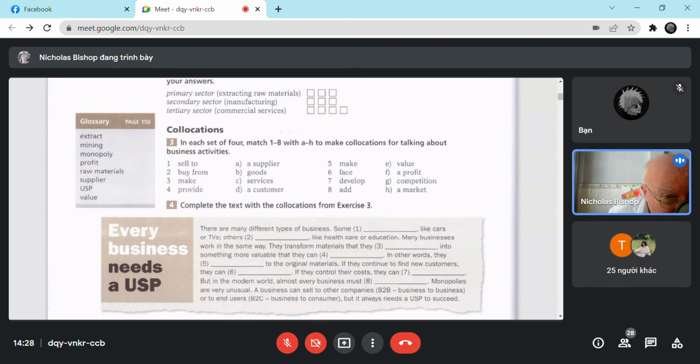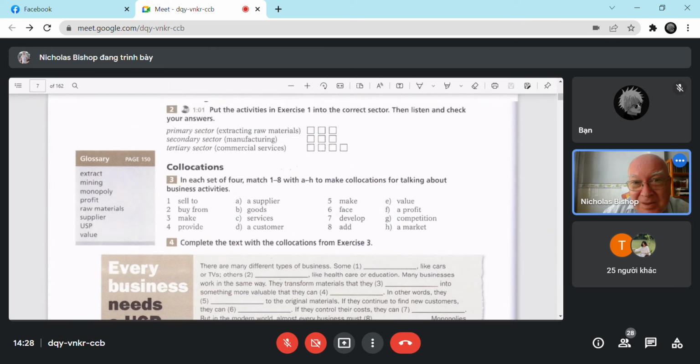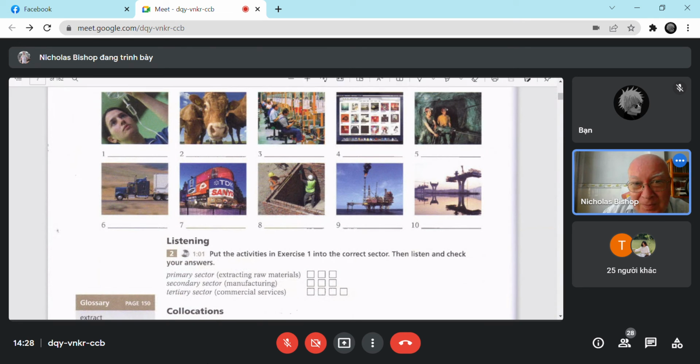In the primary sector, that means we get raw materials and we change them into some kind of product, or into something we can sell. In the secondary sector, we actually make things. What is the secondary sector? We make things in the factory or something, or construction or civil engineering.